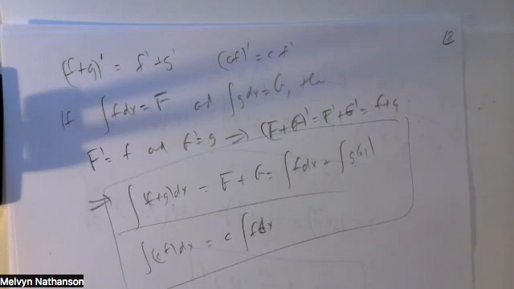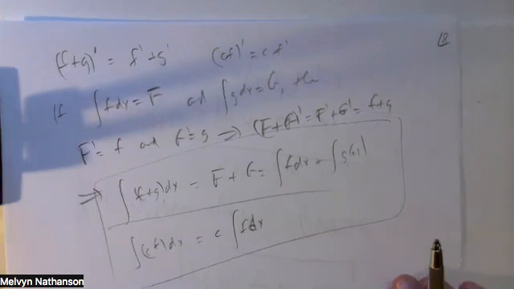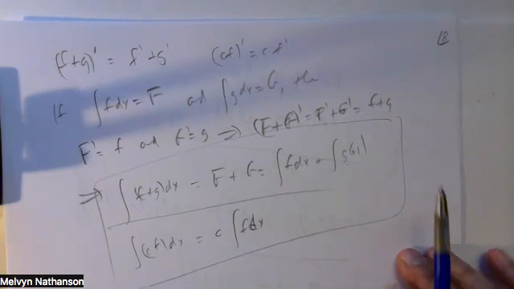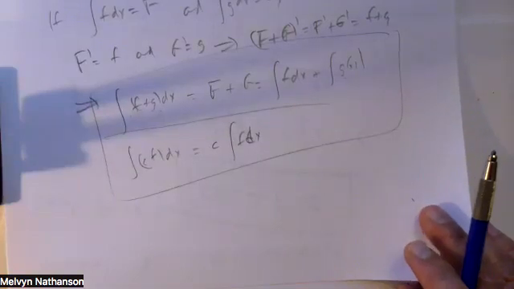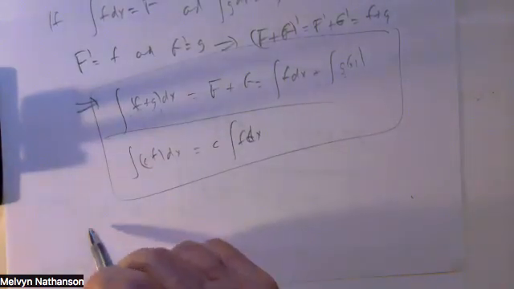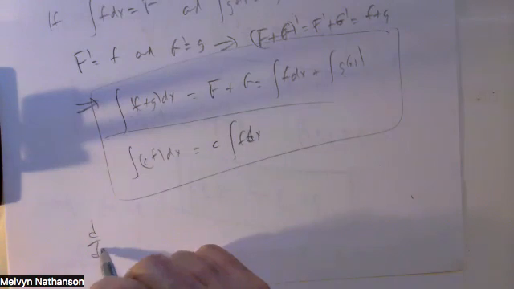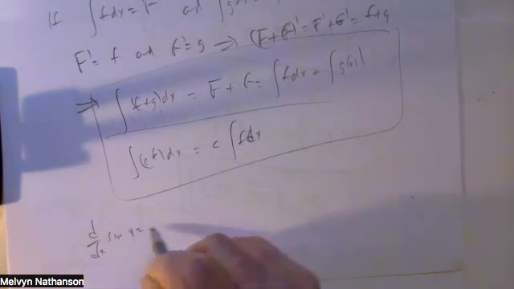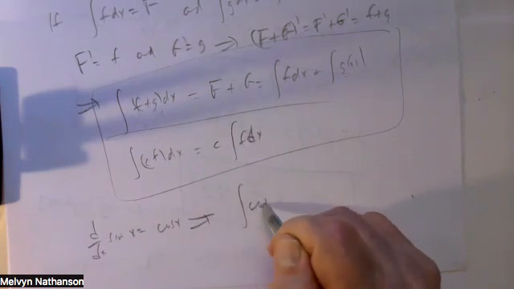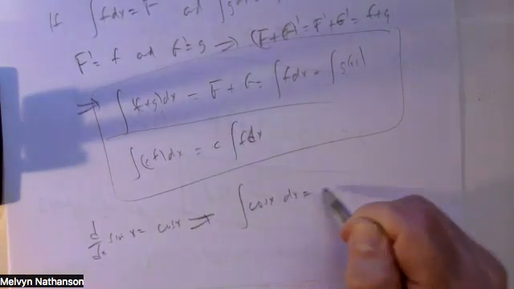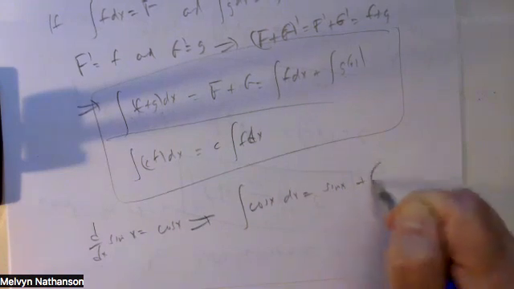And we can do a lot using these simple rules and the facts that we know. Because whenever we have a derivative formula, we have an antiderivative formula. The derivative of the sine of x is the cosine of x. So the antiderivative of the cosine of x is the sine of x plus a constant.